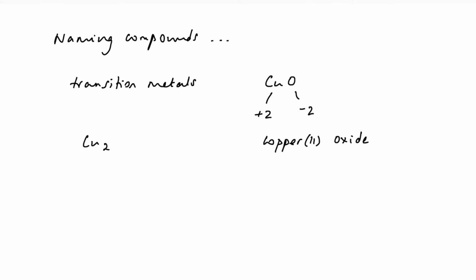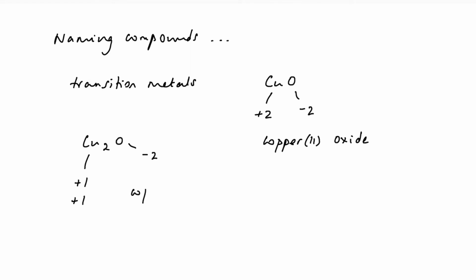Copper 1 oxide has the formula Cu2O. Oxygen, again, has the oxidation state of -2. Copper here must have an oxidation state of +1 because there are 2 of them. Remember that the oxidation states in a neutral compound equal 0.